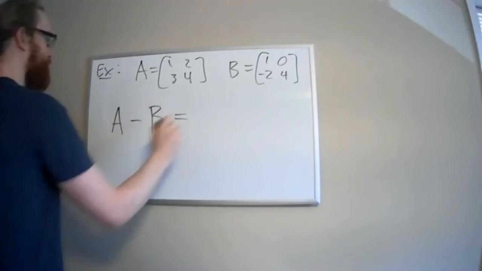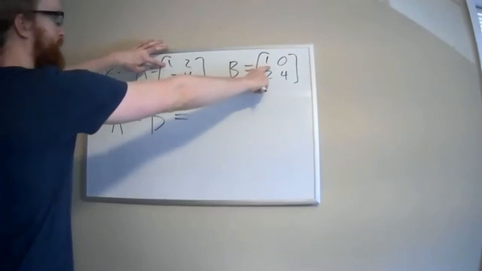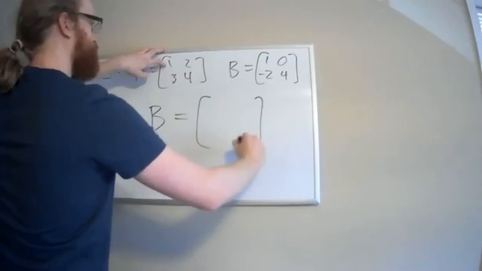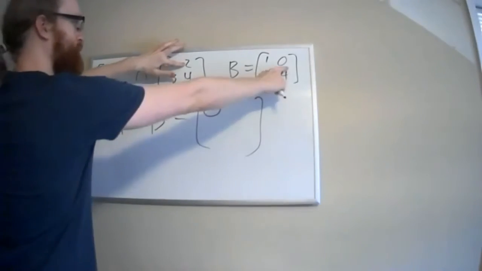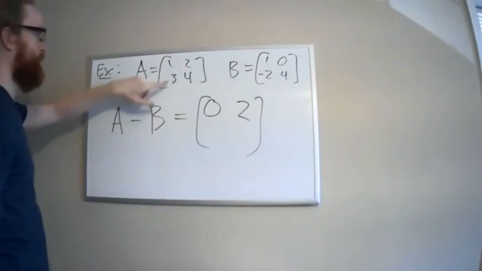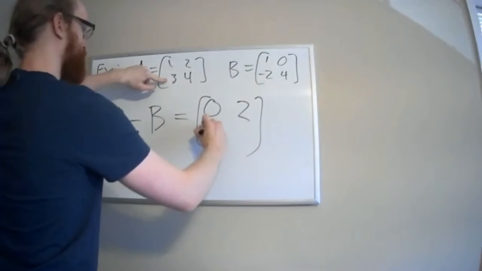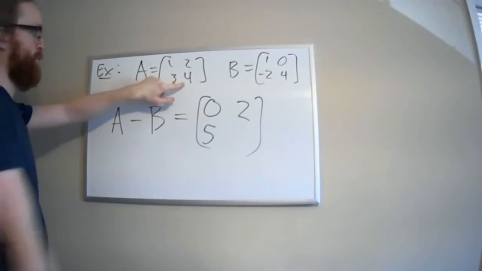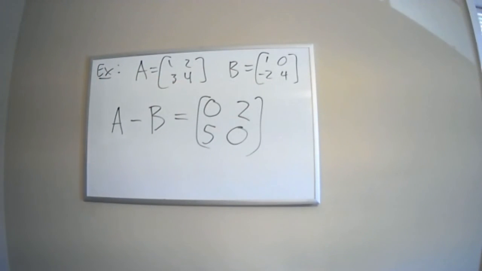A minus B is just subtract the corresponding entries. So my first entry is 1 minus 1, which is 0. My next entry is 2 minus 0, which is 2. Then I come down and I have 3 minus -2. That's 3 plus 2, which is 5. And then 4 minus 4 is 0. So I get this matrix.